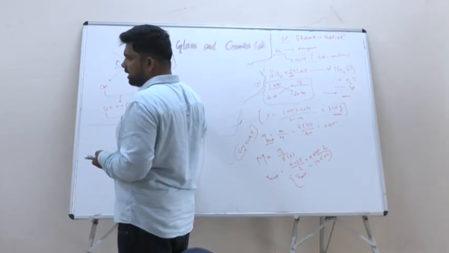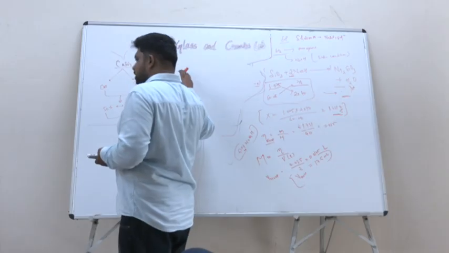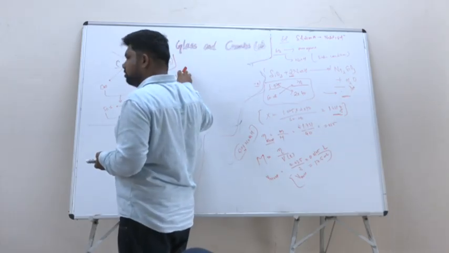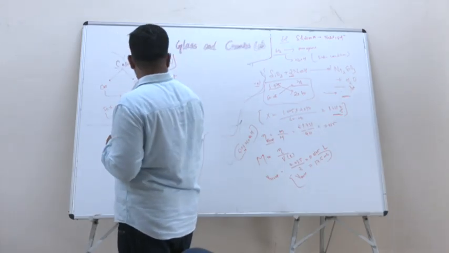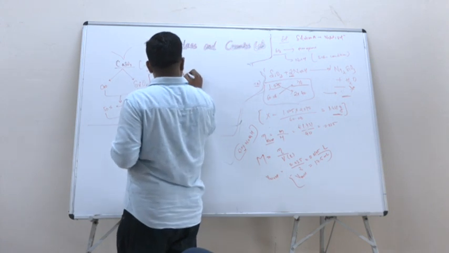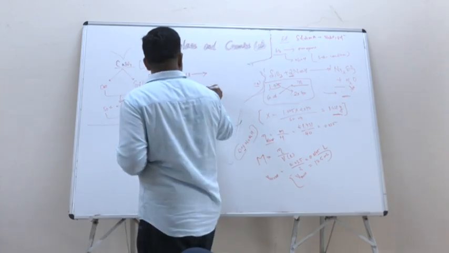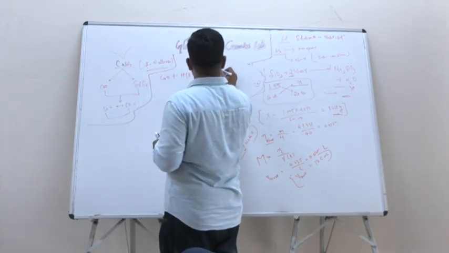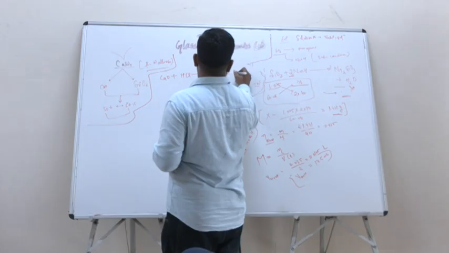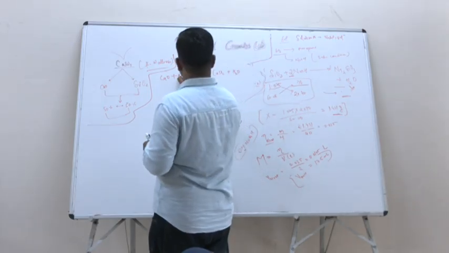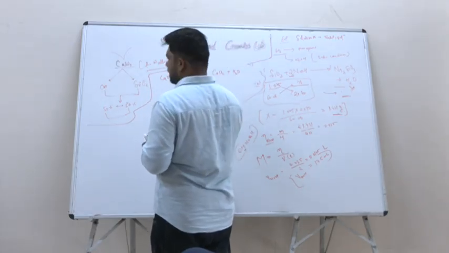It can dissolve in any acid. Today we are using HCl to dissolve calcium oxide. If calcium oxide reacts with HCl, it will give us calcium chloride, CaCl2, plus water. It will be like this.